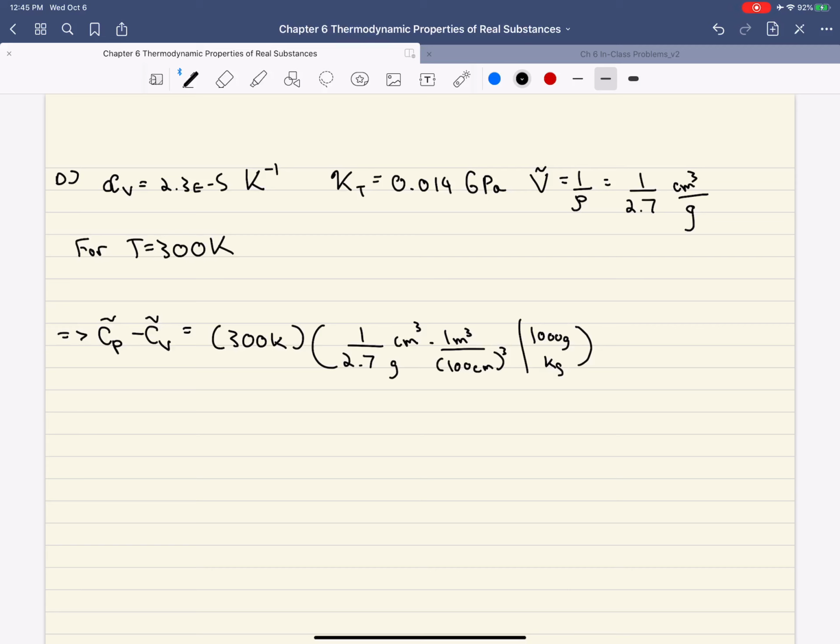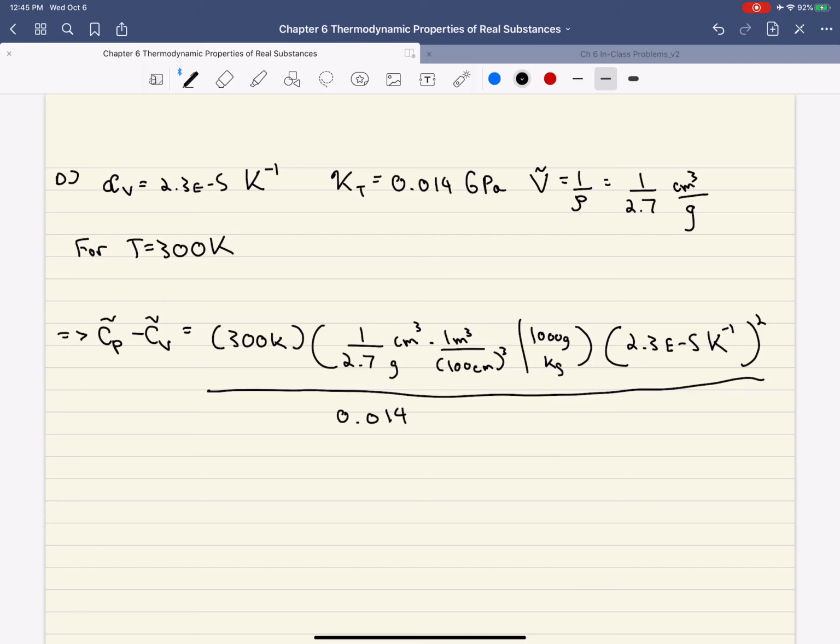And then we have our alpha squared. Okay, and then we want to divide that by kappa, 0.014 gigapascals. So that's e to the 9th pascals, which we know a pascal is a joule per meter cubed.